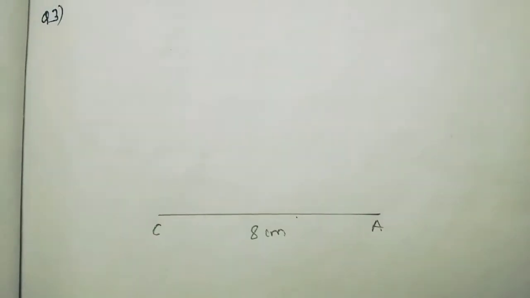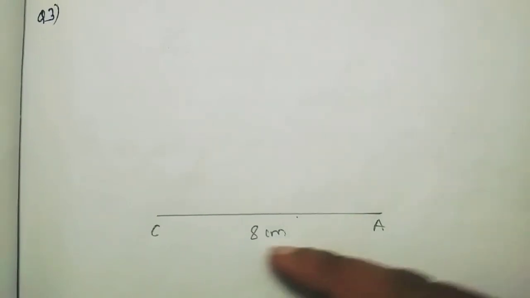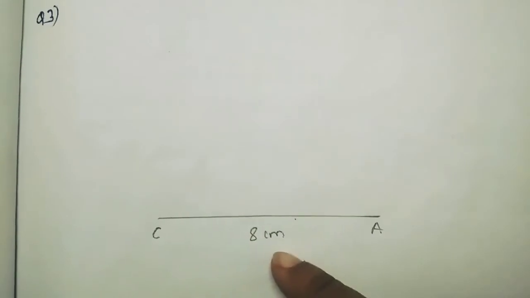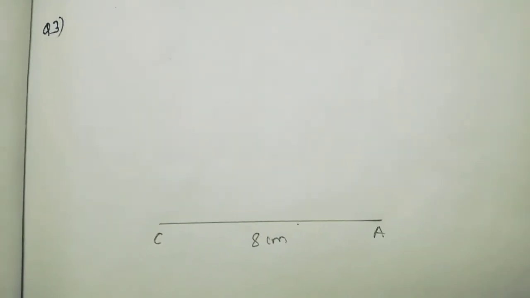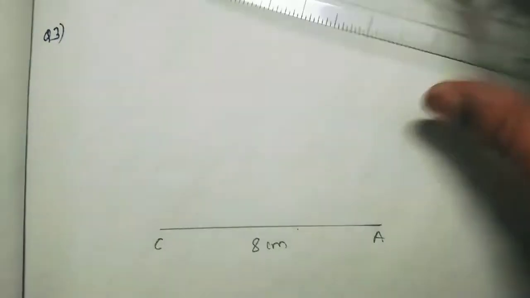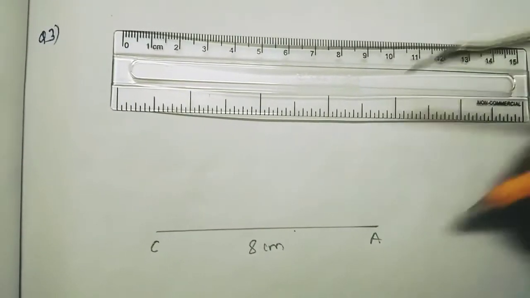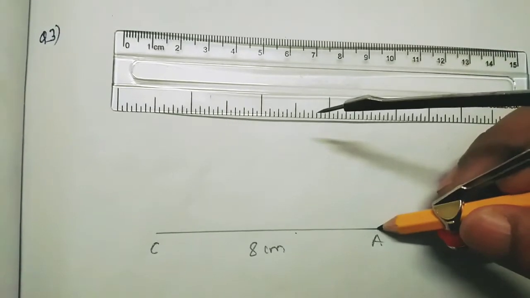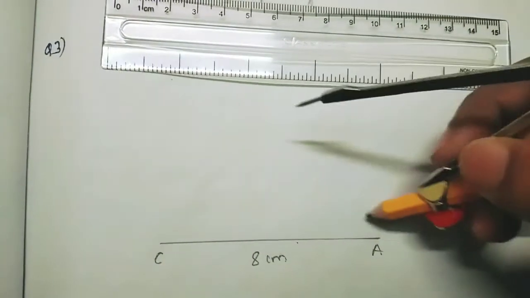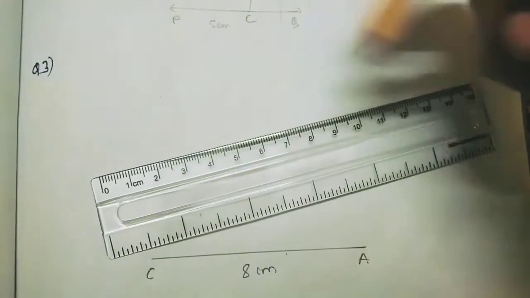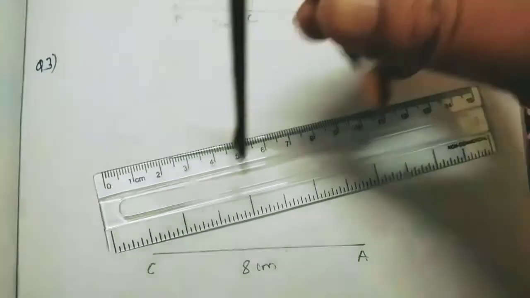See here, we have taken CA as the base. So CA is 8 centimeter. I have drawn CA here. Now in the question AB and BC are given. So from point A we will make one arc, that is AB. From the scale, AB value is given as 5 centimeter.